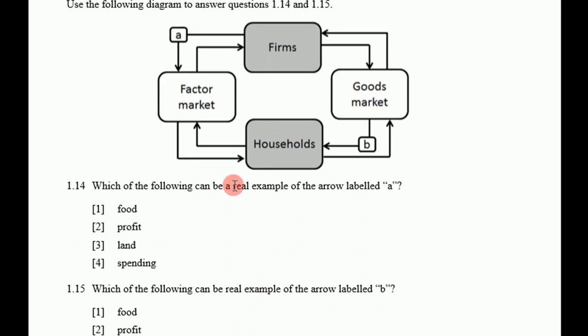Which of the following can be a real example of the arrow labeled A? A goes from households to the factor market. So households are selling factors of production to firms, and in return they get income.